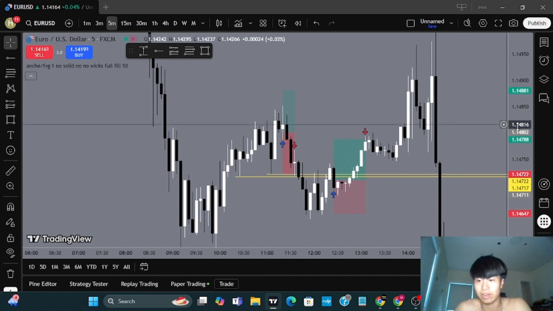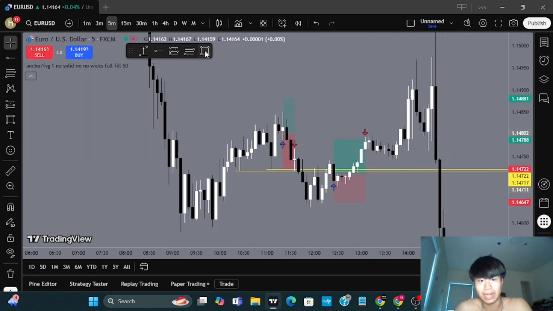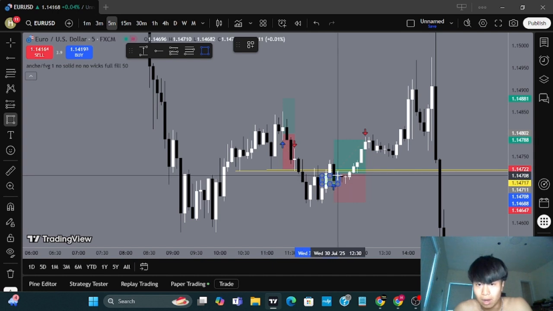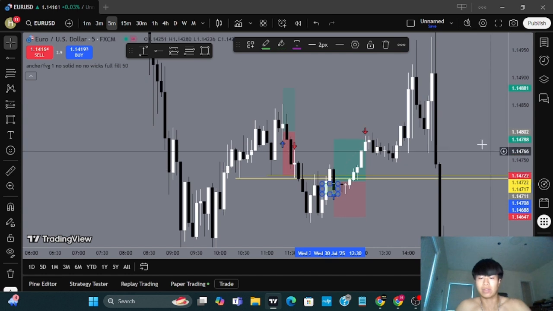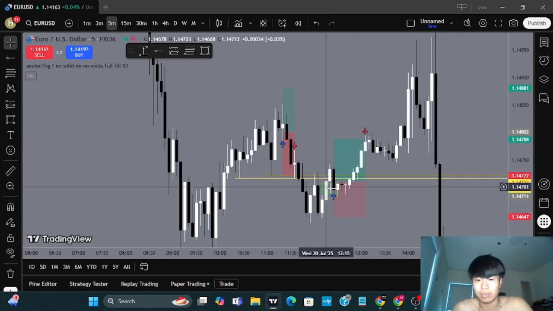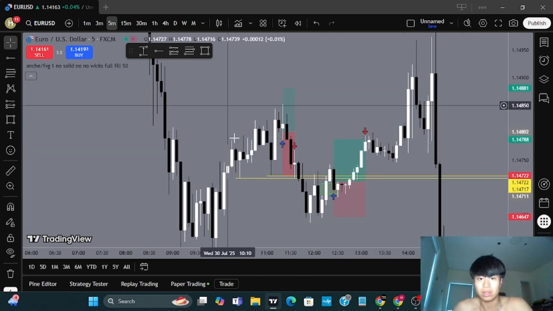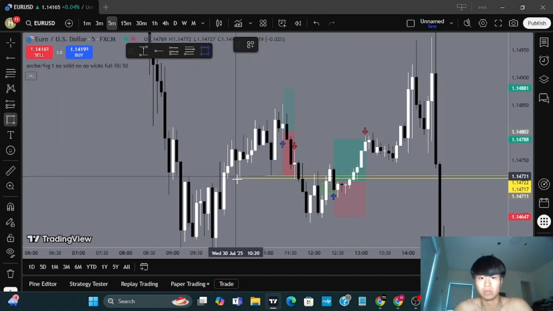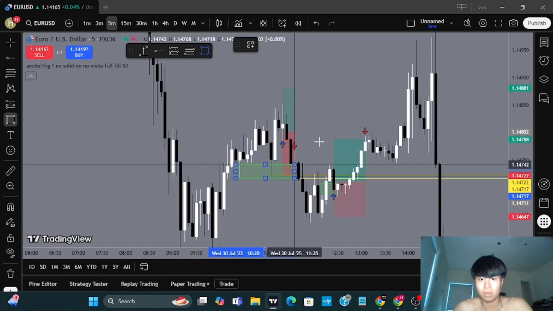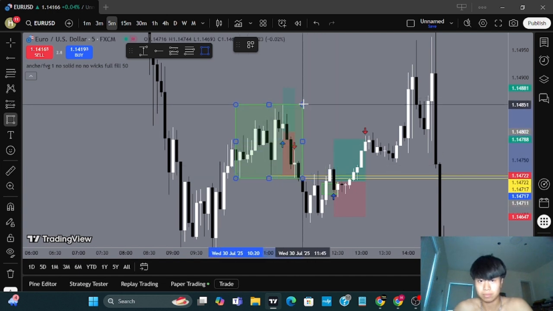So I saw there was a fair value gap that was created again, created at 12:15, and I entered in on that. And then price distributed. So there was an accumulation here when I took this trade, when price was accumulating within this range.